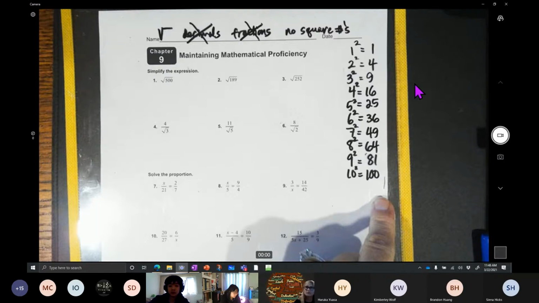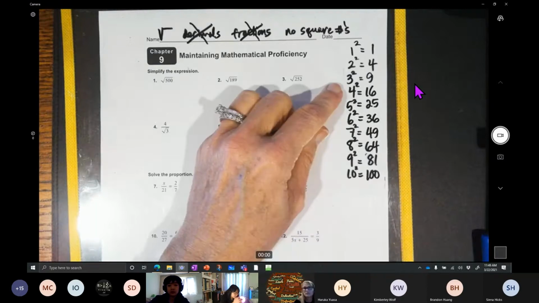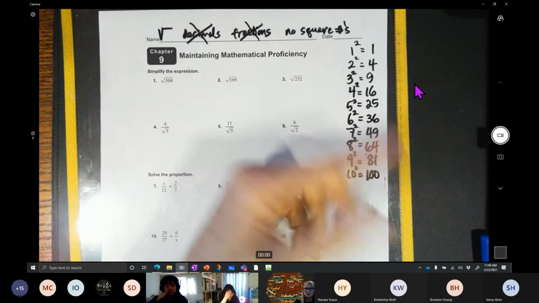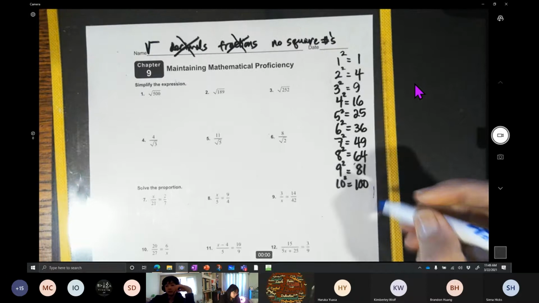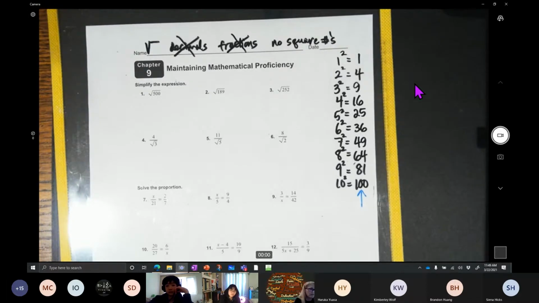So 2 squared is 4, 3 squared is 9, 4, 5, all the way up to 100. Of course, you should know more than that because you know at least up to 12 times 12. But if any of the numbers that are factors are here, then you have to take those out. You can't leave them under the radical.